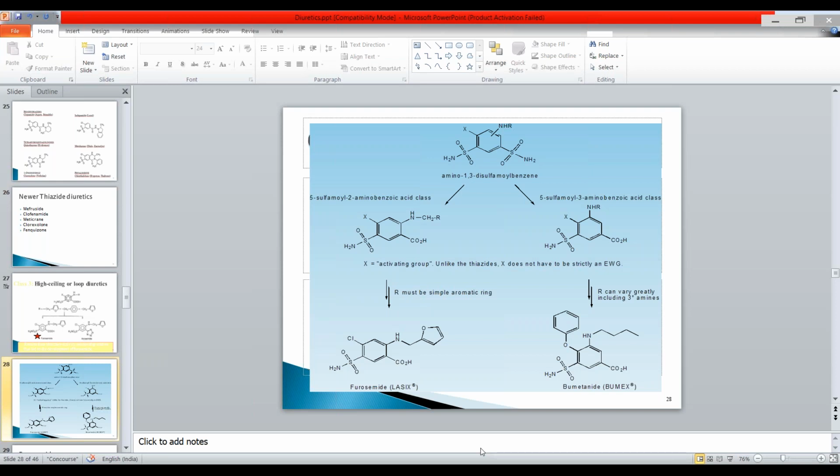Last point, this however will increase the load of sodium reabsorption at site 4.